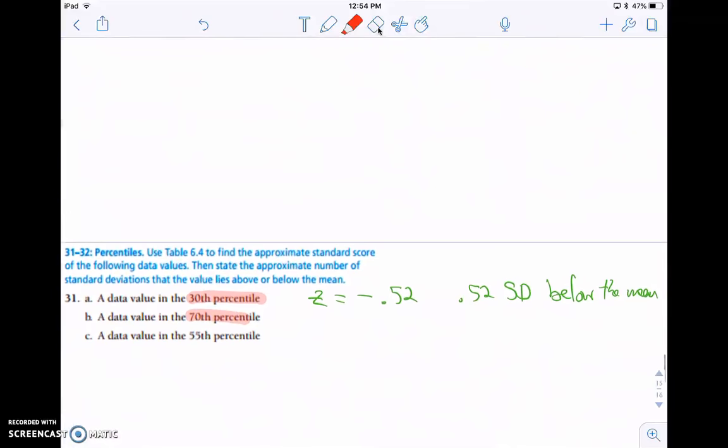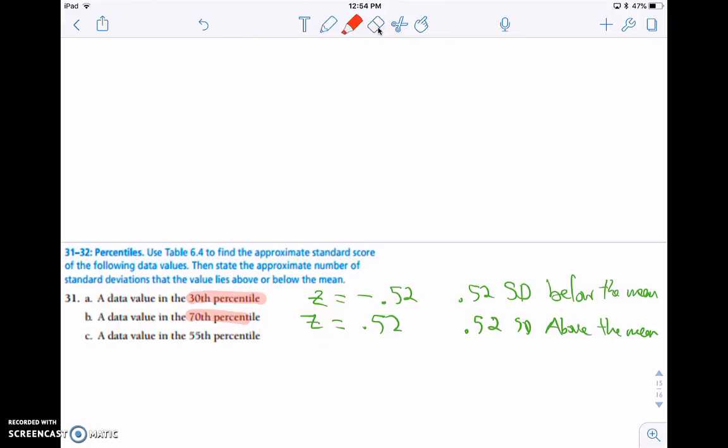And if you look at symmetry, then it should be about the same as we did before, because the 30th percentile is 20% below the mean, and the 70th is 20% above the mean. Since it's symmetric, we're going to get 0.52, and this will be 0.52 standard deviations above the mean when you go to the 70th percentile.